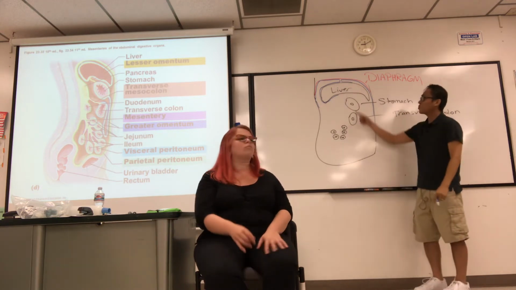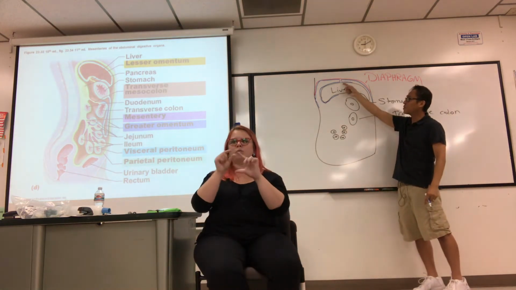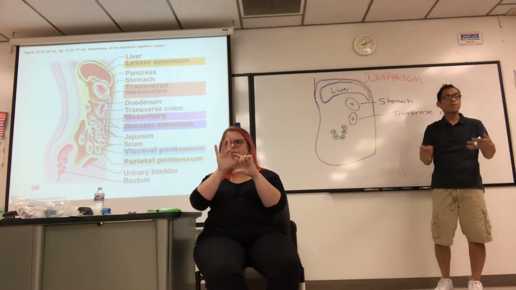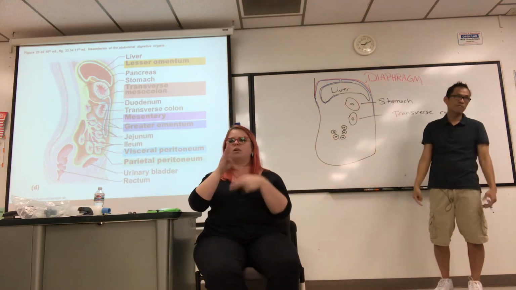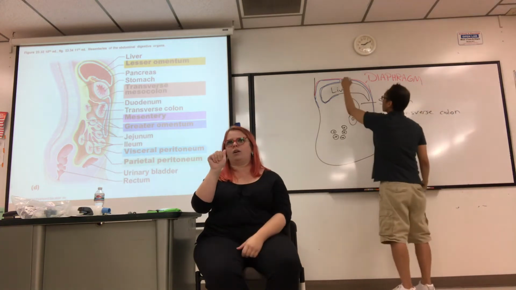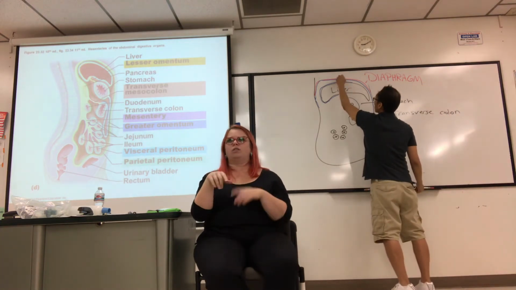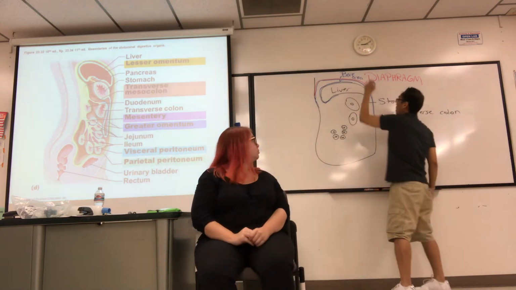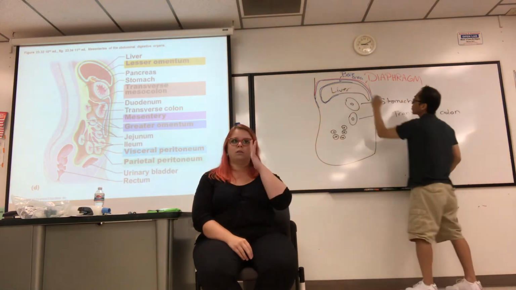Notice how when you shoot down on top of the liver, it leaves a little spot that's not covered by peritoneum. It's literally called the bare area of the liver. A spot that's not covered.